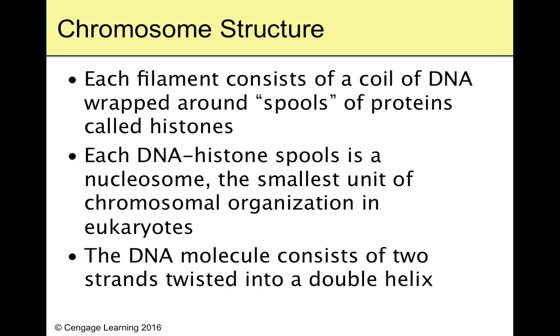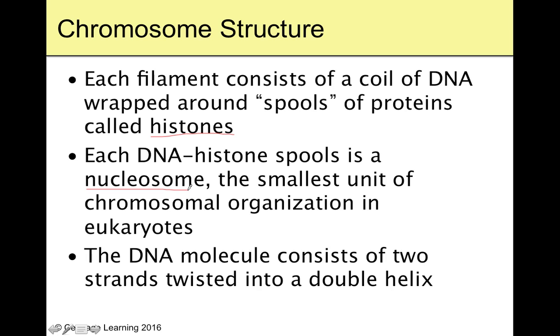It's a coil of DNA wrapped around these spools of proteins that I mentioned before, called histones. Those guys are very, very important. They allow us to get so much DNA in such a small space. Each DNA histone spool is called a nucleosome.